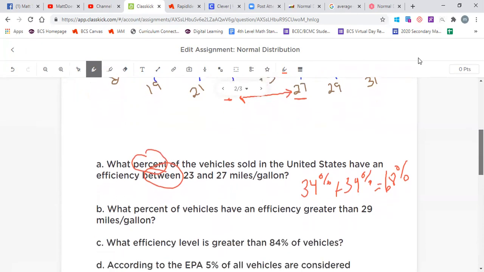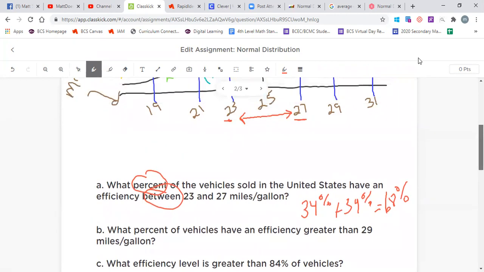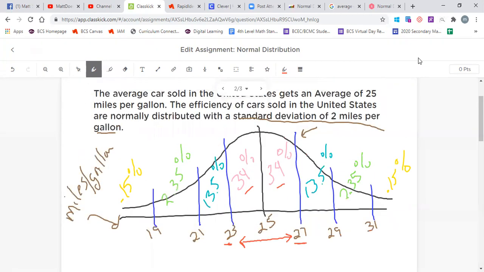For B, it says what percent of vehicles have an efficiency greater than 29 miles per gallon? So we're going to run right back up here to this empirical rule. We're going to find 29, which is located right there. And we're looking for the percent of vehicles that are greater than 29.